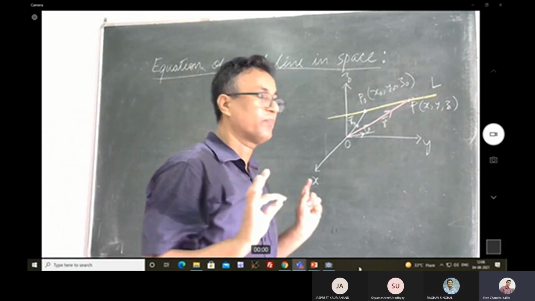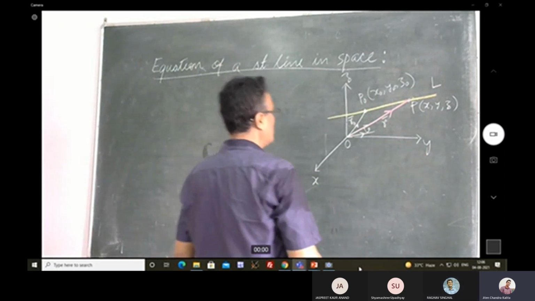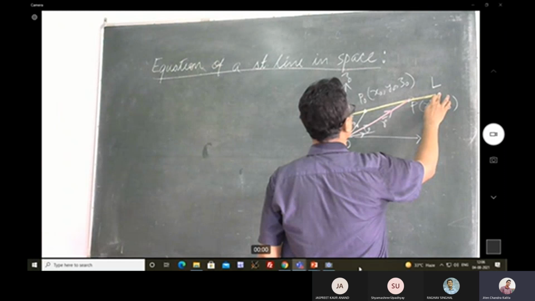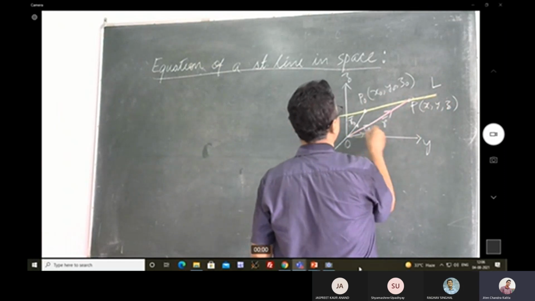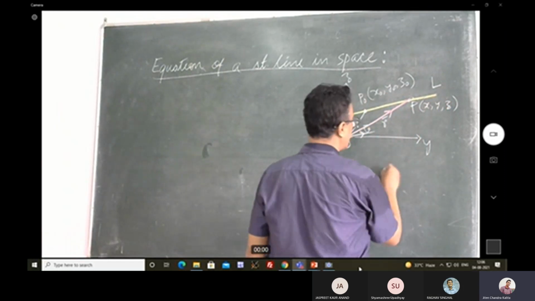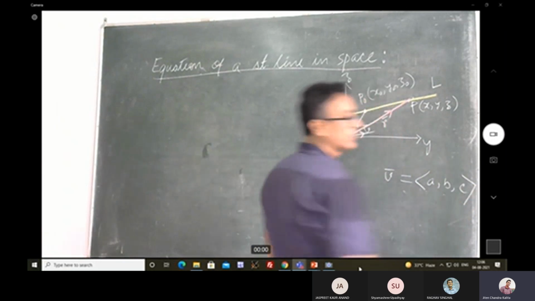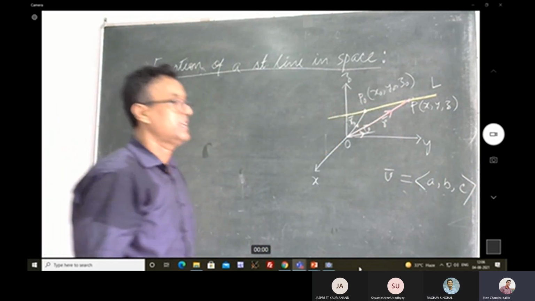Let us also assume that this straight line is parallel to a fixed vector V, whose components are A, B, and C.